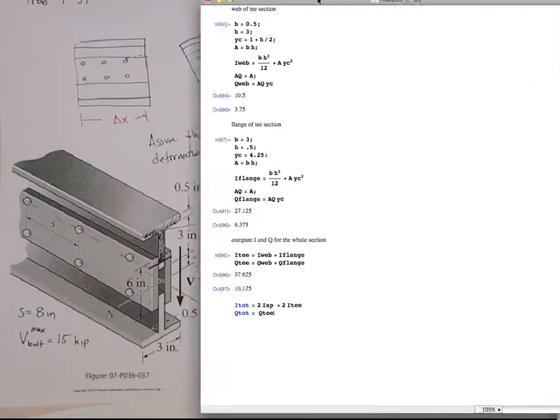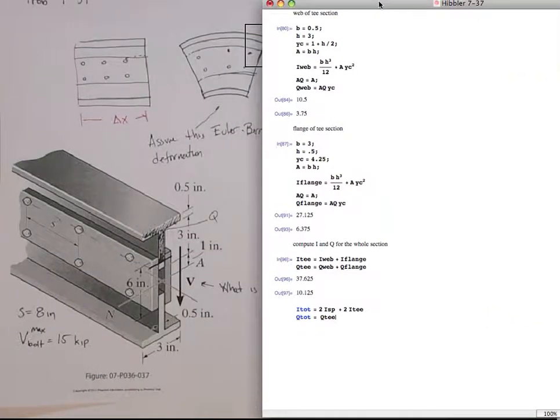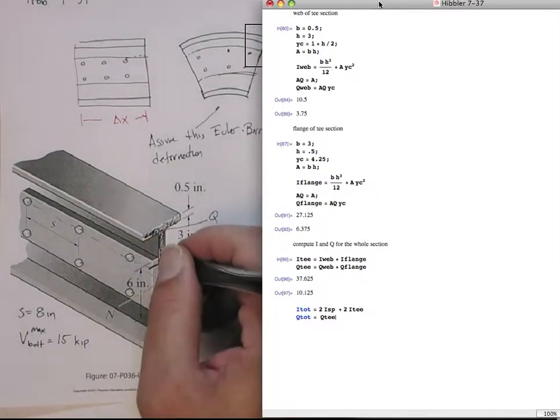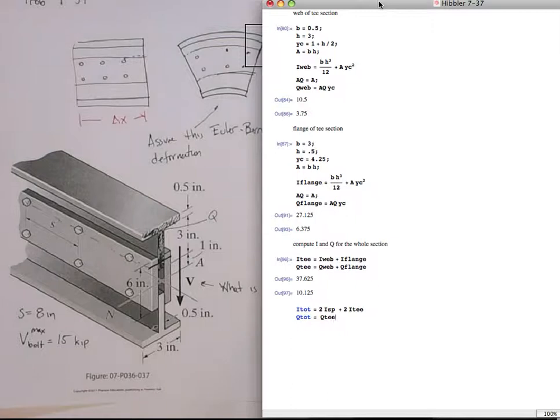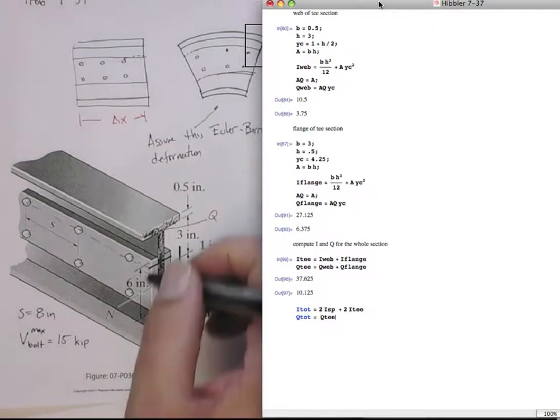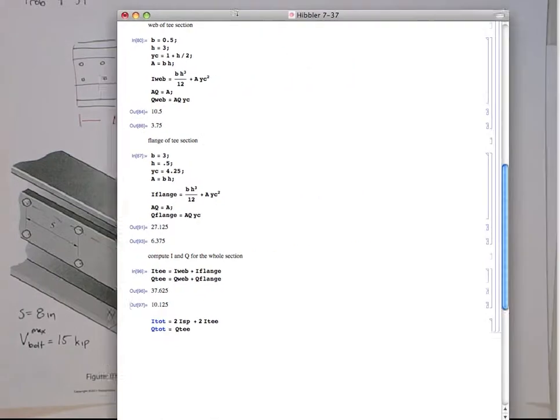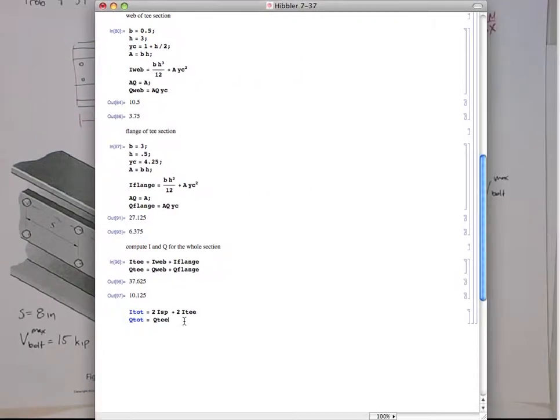And actually, this is a problem when I take these pauses, I forget. But really I want this to be the Q of this whole section, right? This is what offloads the differential force through the bolts, through the transverse shear, right? So we want to use that entire section. All right, so now I have the I for the total section and Q for the total section.